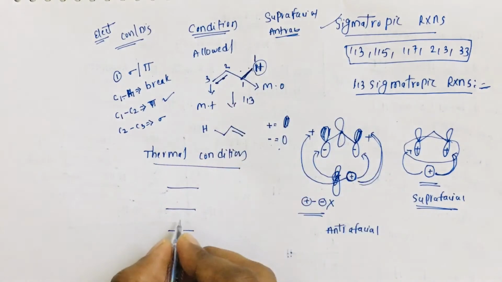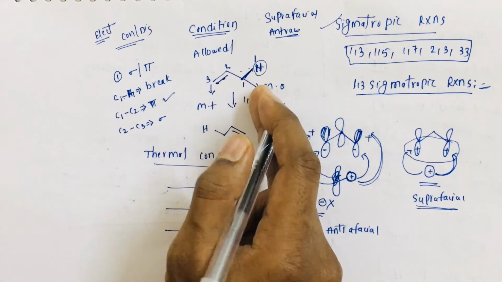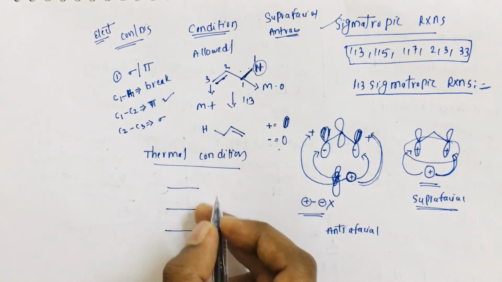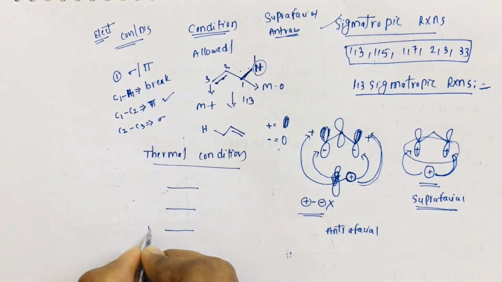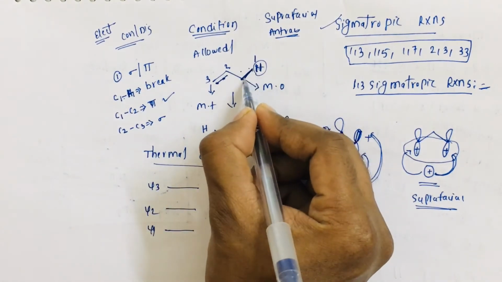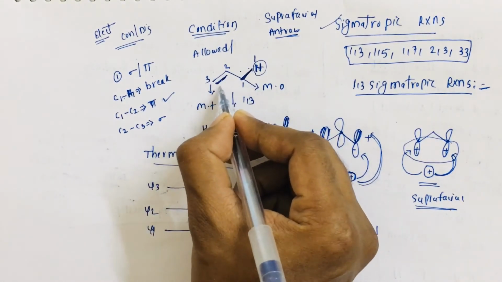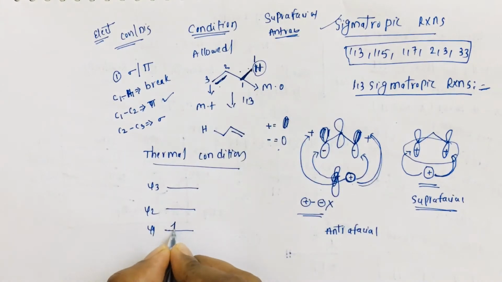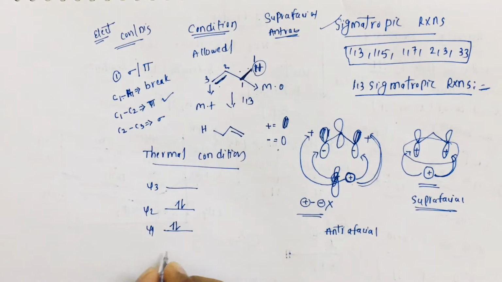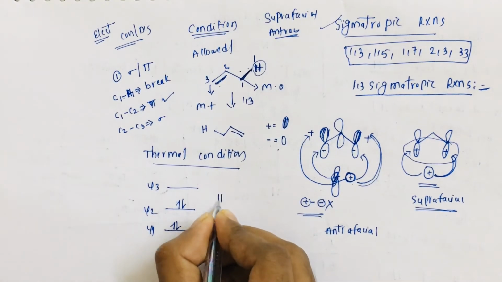So a total of 4 electrons, and 3 carbons are there. Because of that, 3 molecular orbitals are possible, psi 1, psi 2, psi 3. The 4 electrons we can fix like this. Under thermal condition the HOMO is psi 2.